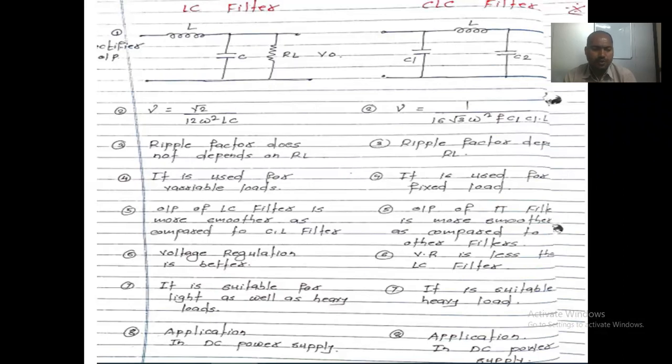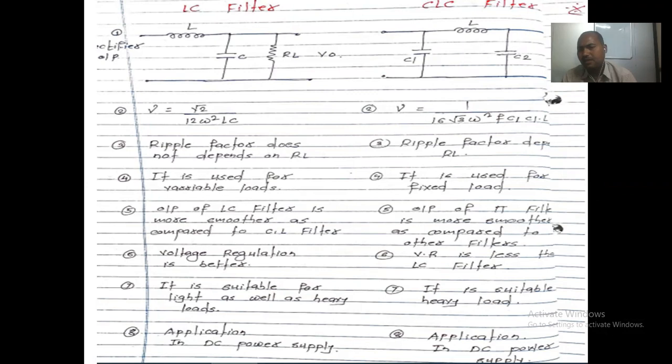Okay, voltage regulation is better. In that case, whatever the output changes coming with respect to LC, that is better with respect to the other types of filter. Okay, now see, voltage regulation is less than the LC filter. Regulation indicates the changes that take place with respect to your voltage.